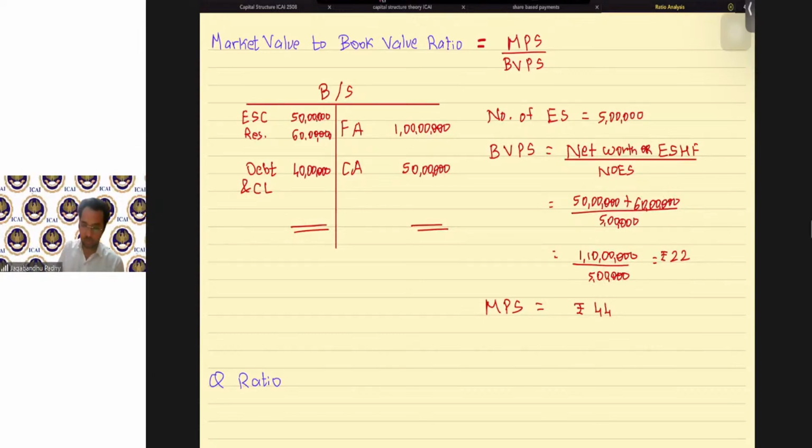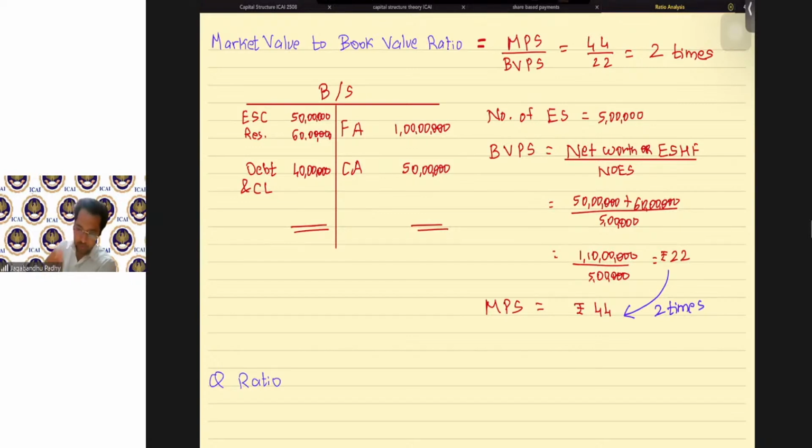So if you calculate this, it works out to be 44 divided by 22, which is 2. It is obviously 2 times. Or I can say the market price is actually 2 times the book value.